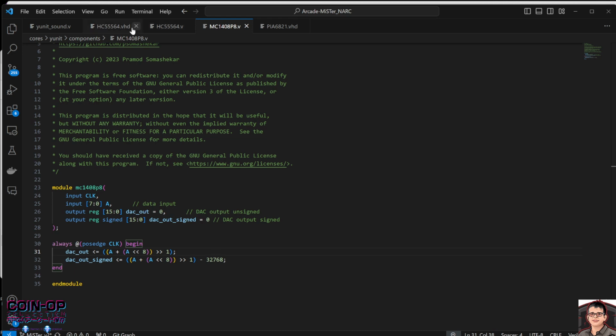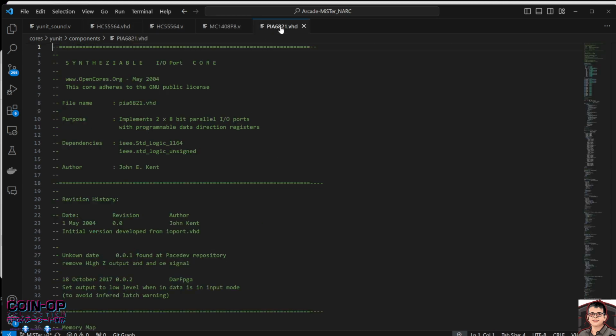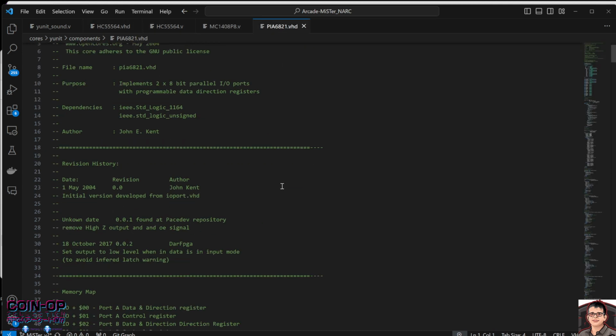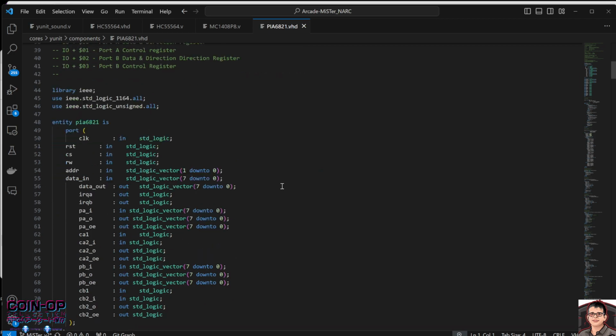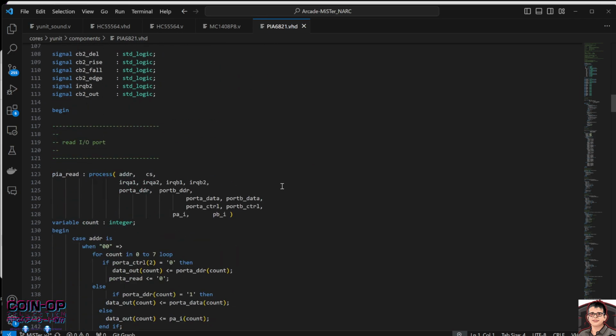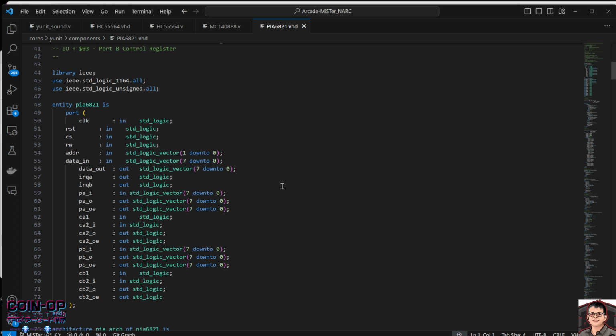And so those are the discussion of those modules. Then the Paya I wanted to talk about a little bit because it is a weird module, in that basically it takes in various signals from different ports, triggers interrupts, and feeds data out at an appropriate time to some other location. So the Paya actually drives the secondary DAC, which is the 1408P8.